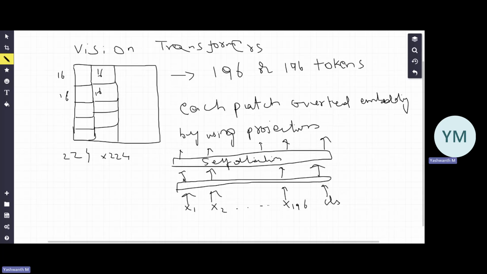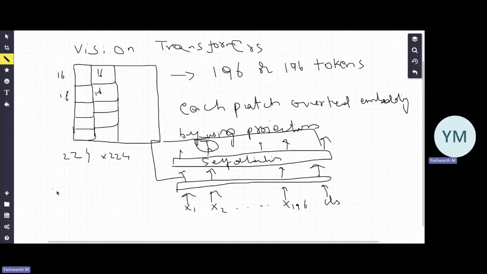Now here we do a residual connection followed by a layer norm. After that, we give a feed-forward network followed by a residual connection and the layer norm. This comprises one attention block.